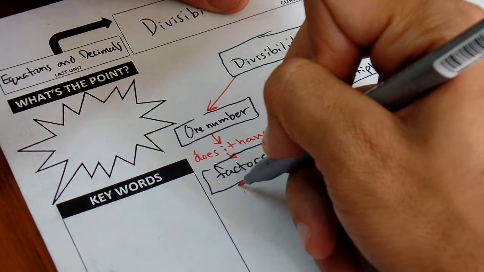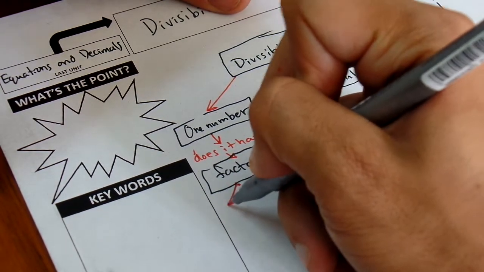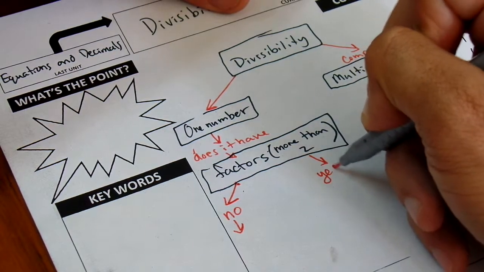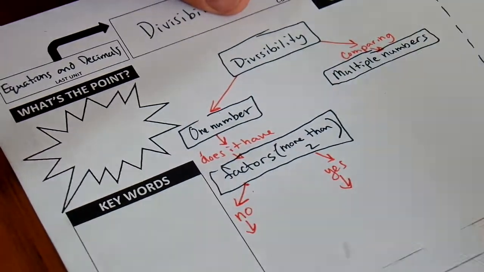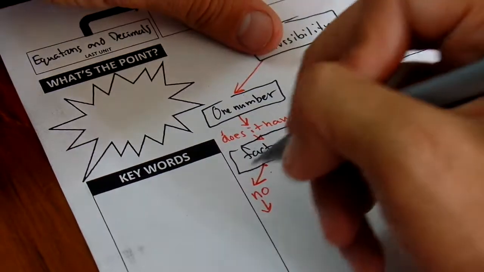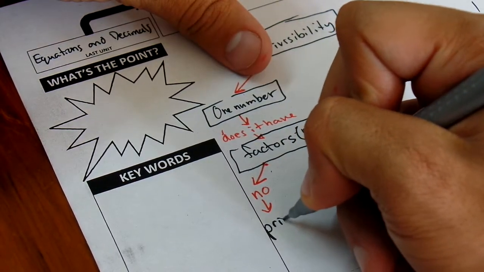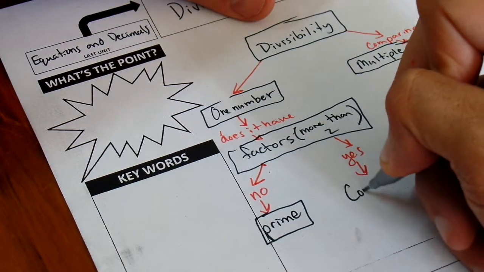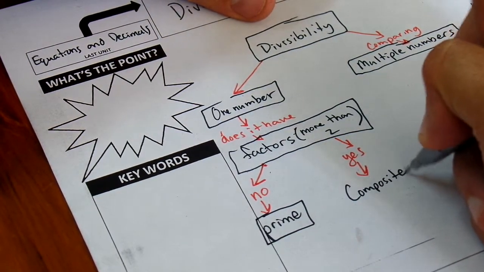If we can say yeah, no, or if we can say yes. If it does not have more than 2 factors, we know that it is prime. If it does, we know that it is composite.